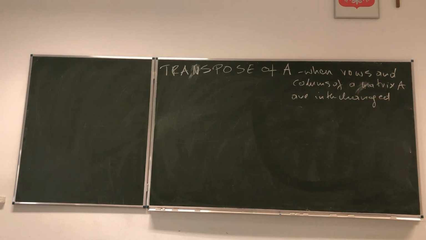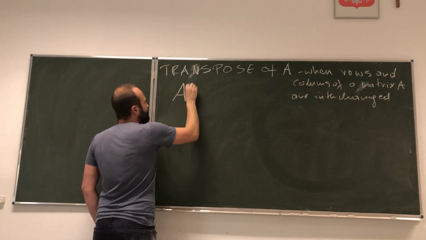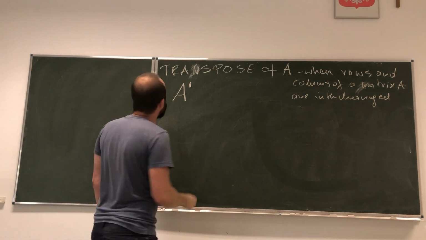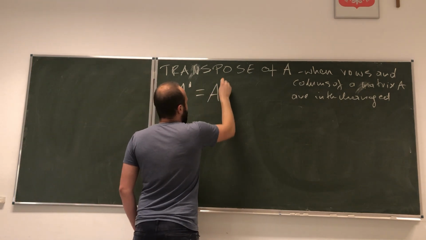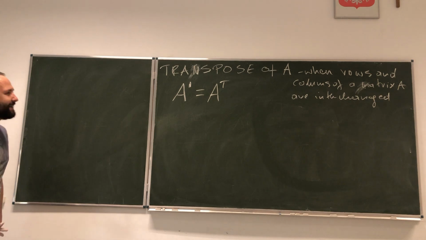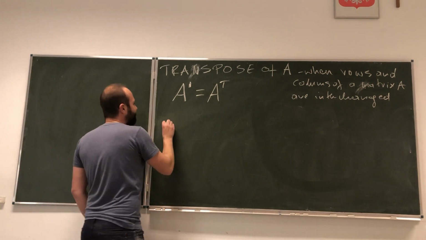So, first, how will we denote transpose? Transpose of A we will denote as A prime, although please remember you can see in some books that A T is also an acceptable notation. The idea of transposing matrix A is very easy.